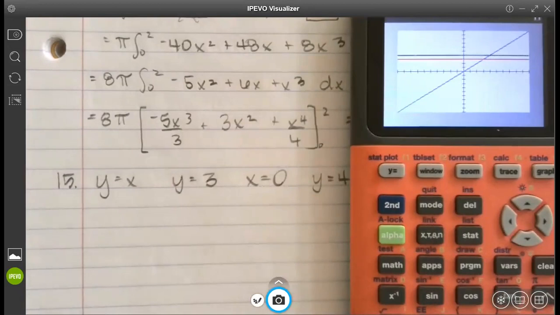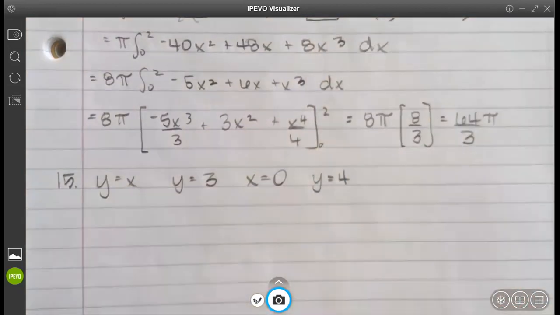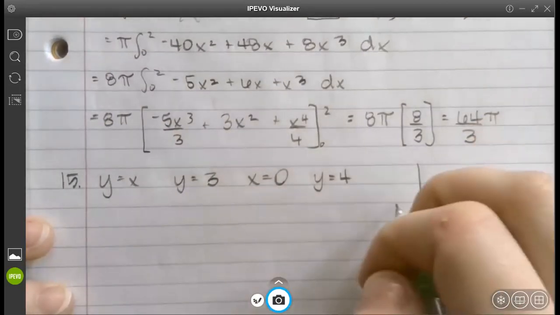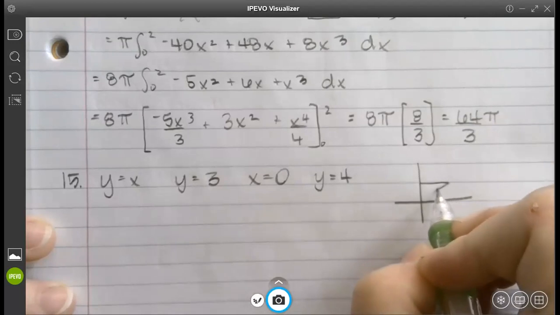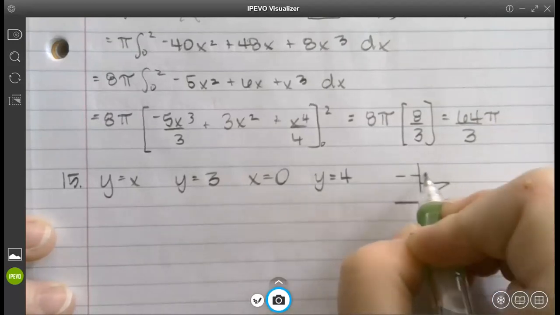All right, so what shape are we rotating? The triangle, and we're rotating about y equals 4, right? Yes, okay. So what we have is a triangle that looks like this.